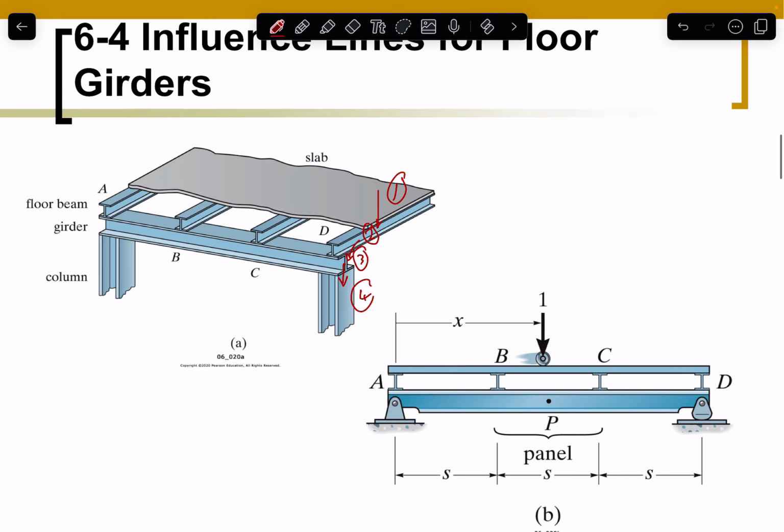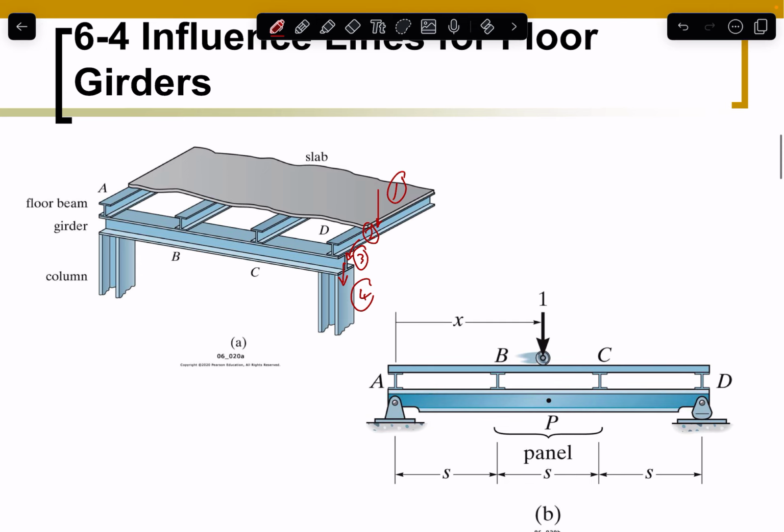If you cut the section, this will be the cross section of the girder, the cross section of the floor girders. If you want to draw the influence line, you need to place one unit of load along the floor girders.